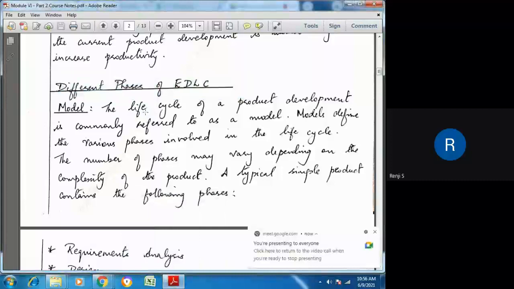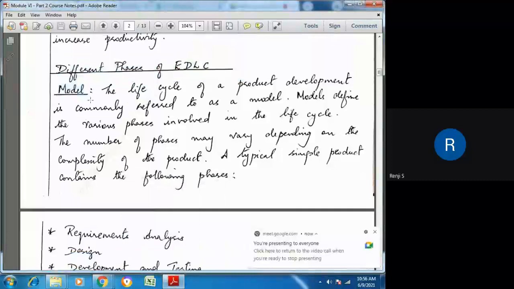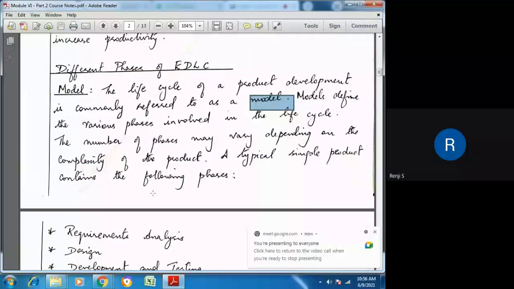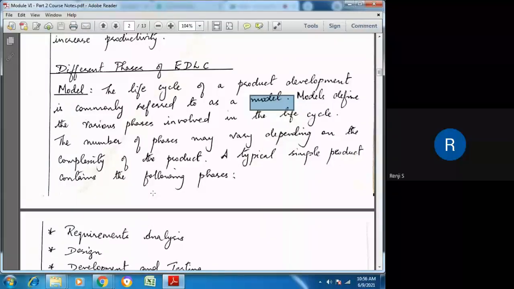Now, before going on to the phases, let us look at what a model is. You might have studied many models. The life cycle model in software engineering. I think last class also I asked you that. So the life cycle of a product development is commonly referred to as a model. Life cycle means the different phases through which a product goes is called life cycle. And all those different phases together, we call it as life cycle. Even for human beings, we have different phases.